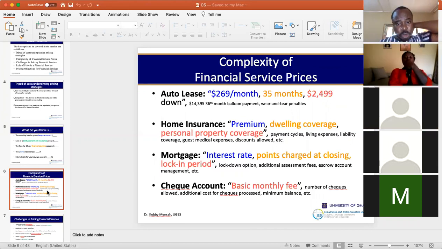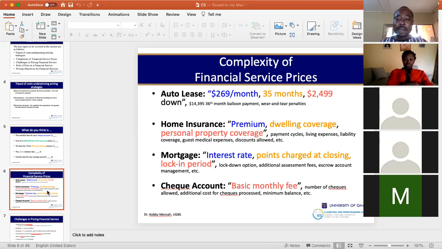If you look at auto lease, for example, just like Michael explained, if you break down auto lease as one product, and then deconstruct it, you realize there's the total term, which could be 36 months, or let's say 24 months, or whatever.